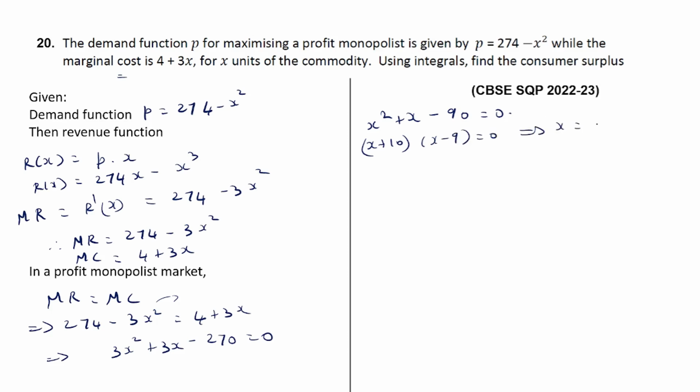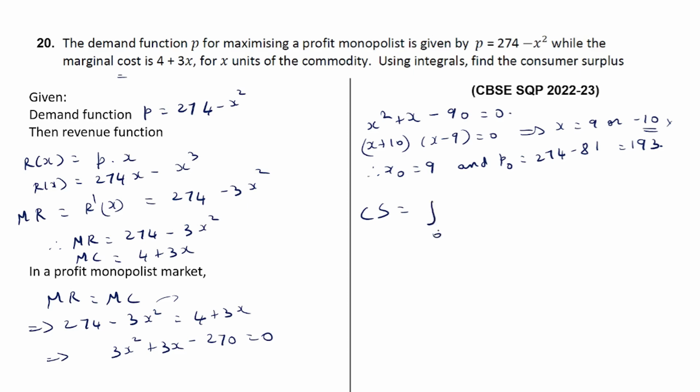From this we get x is equal to 9 or minus 10. Now this is not possible because we cannot have the level of output as negative. Therefore, x naught equal to 9 and P naught equal to, we can substitute in the demand function, 274 minus 9 square, which is 81. It is 193.